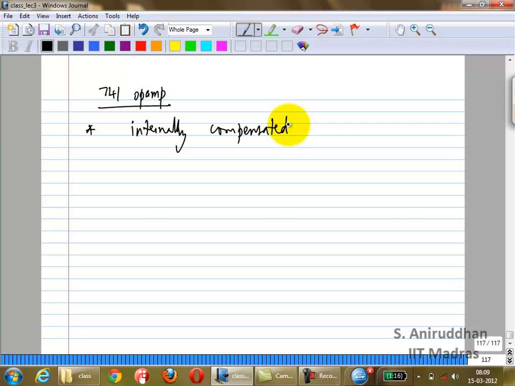So you want to make sure it can be used in any condition with no stability problems. You want the circuit to be relatively simple. You want it to use less area. So these are all standard things, nothing special.